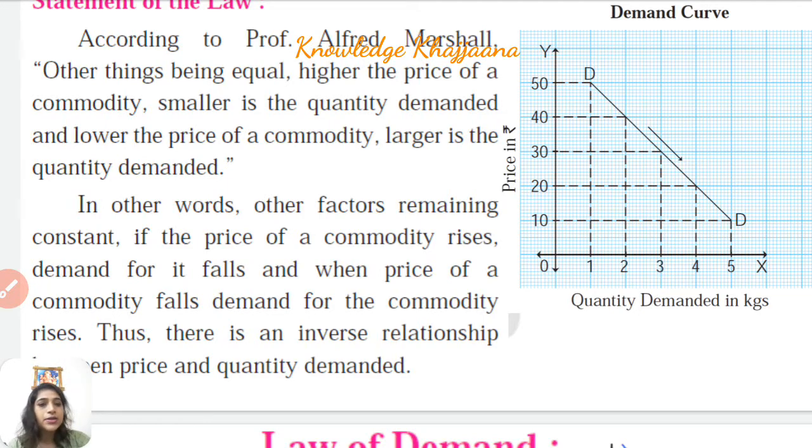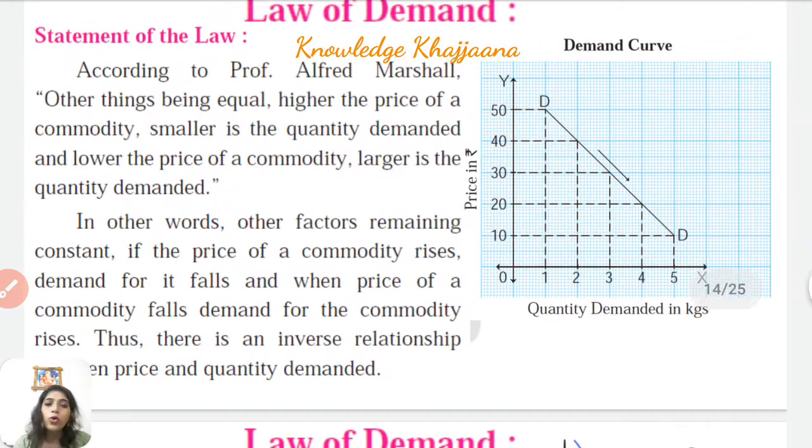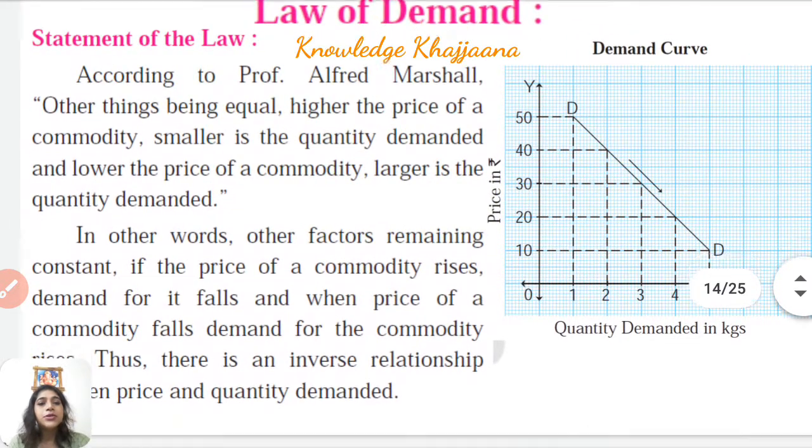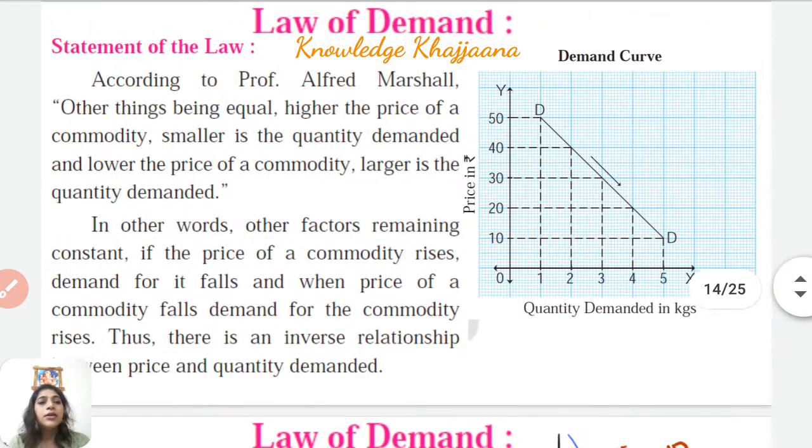First of all, see, the statement is the central idea or the core concept of any law. Then it is said that there are some assumptions, that is, other things remaining constant. What is meant by other things remaining constant?